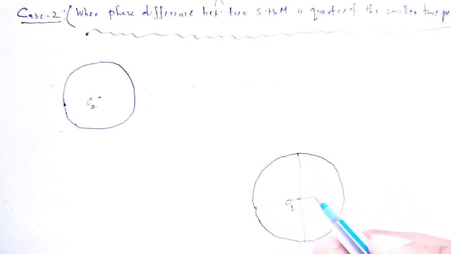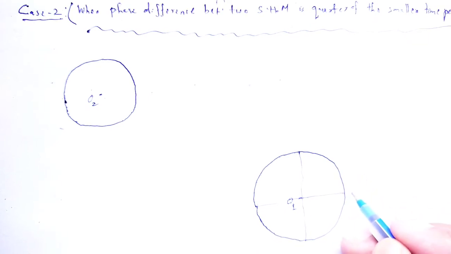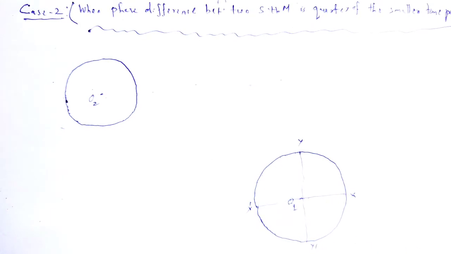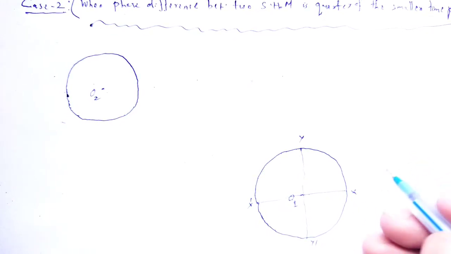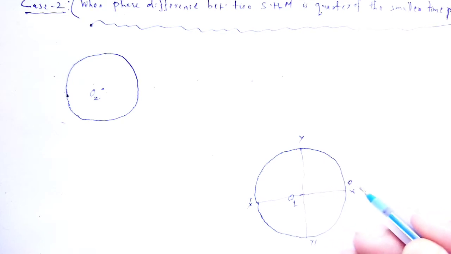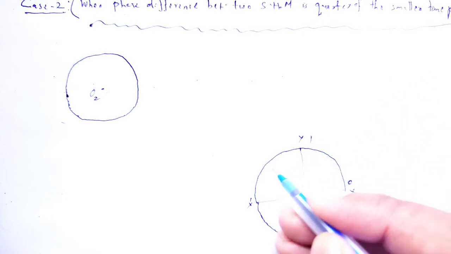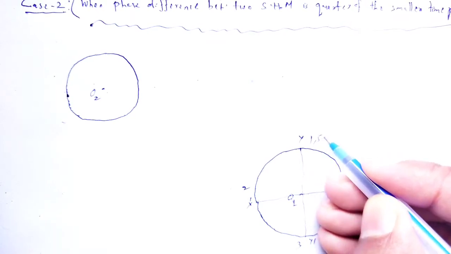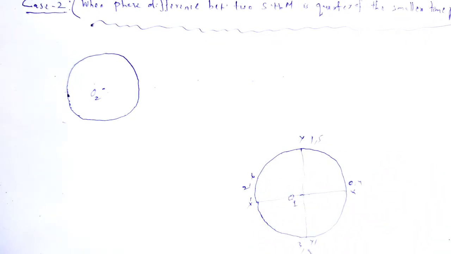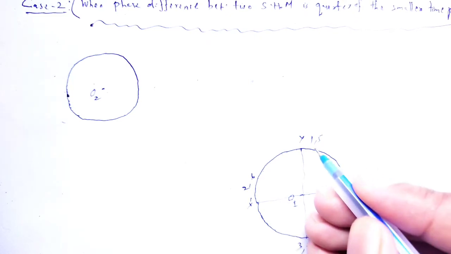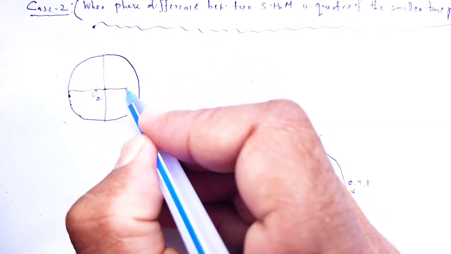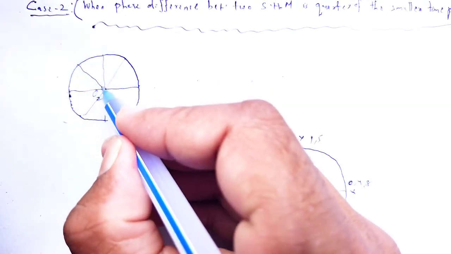We divide it into 4 parts, x dash, y dash, and the particle vibrates from that position through 0, 1, 2, 3, 4, 5, 6, 7, and here 8, that is 8 similar parts.